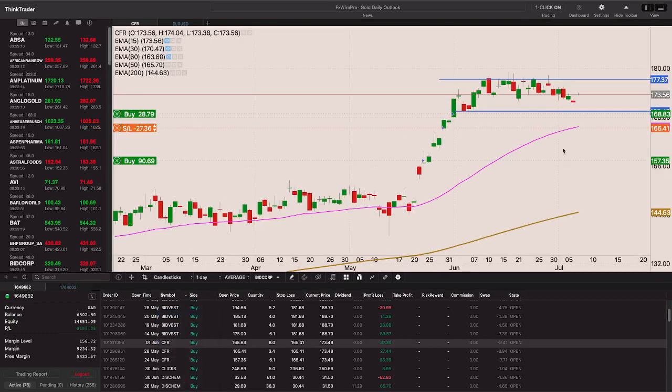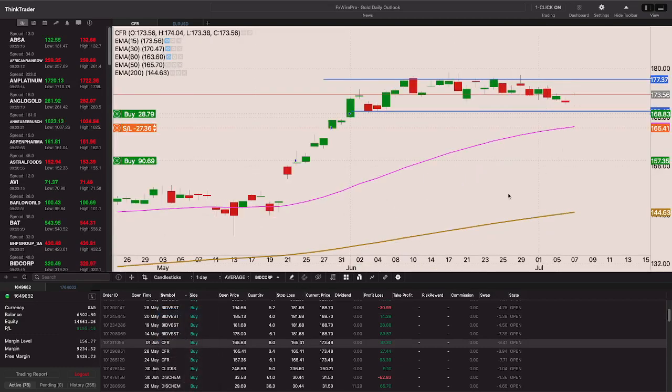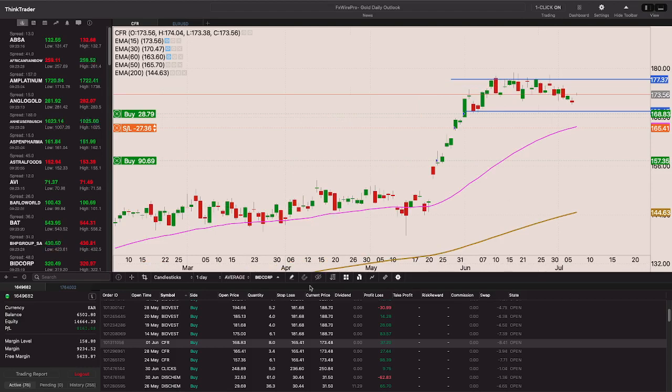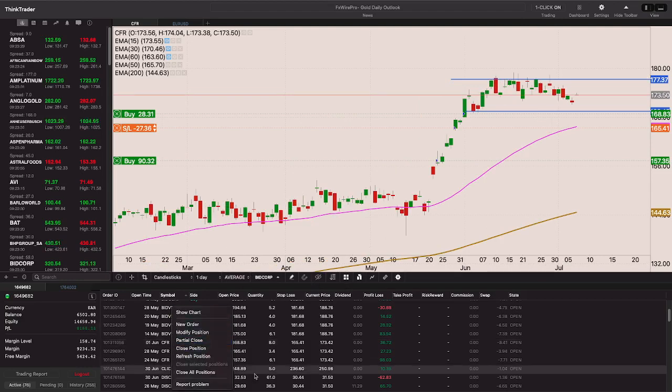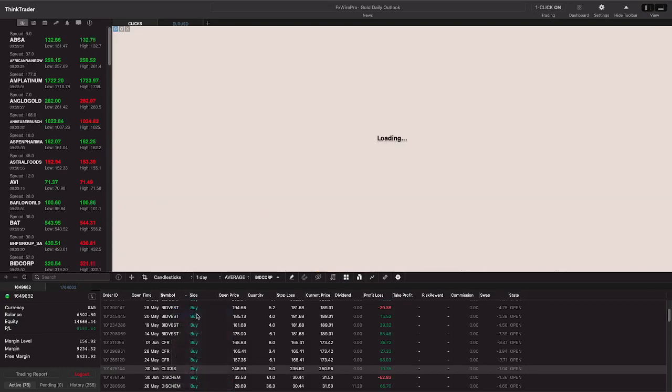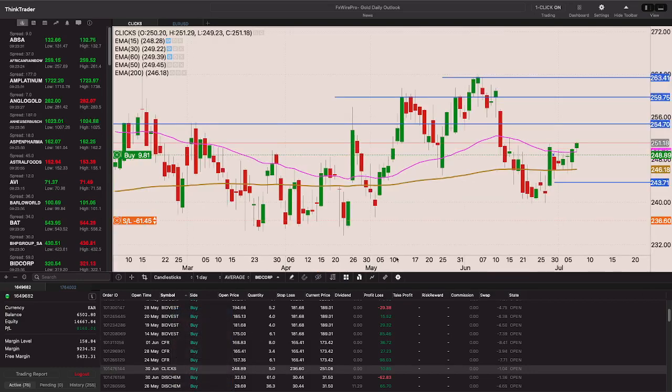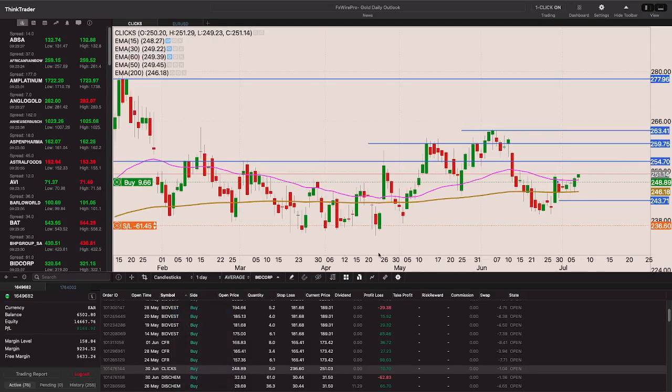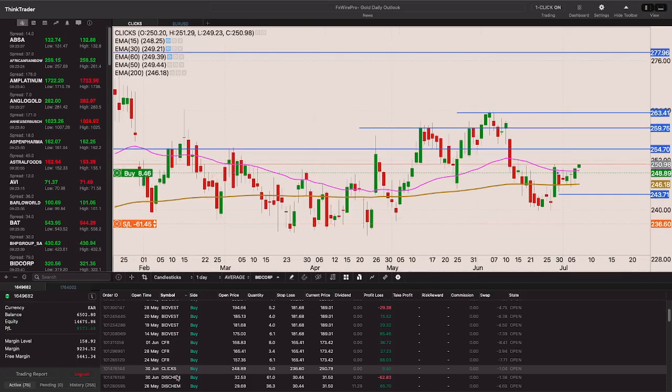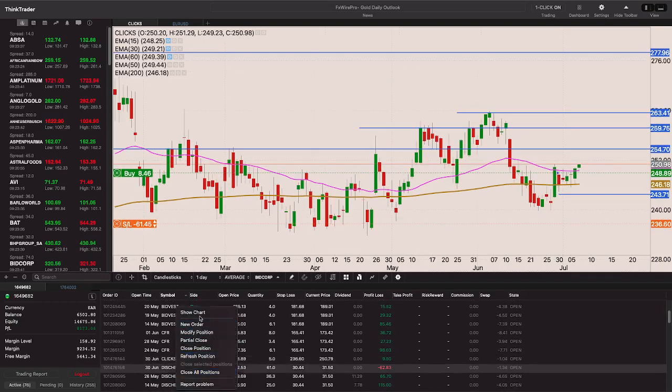Bidvest opening quite strongly, only by a smidgen. Richemont gapping up in the morning. That's a good sign. Let's see if it's a gap and drive. Let's see if today is the day, or this week is the week, where we finally get through that 177 level. Clicks is starting to move in the right direction, starting the day on the right side of that 50-day exponential moving average.